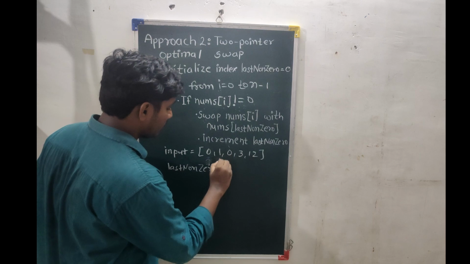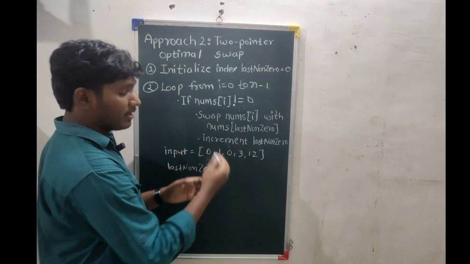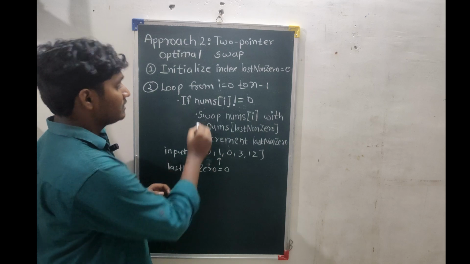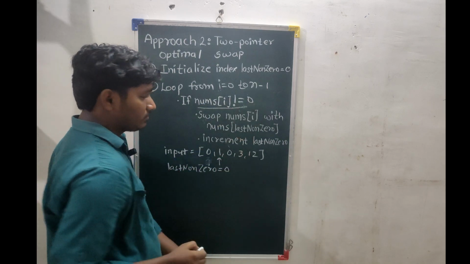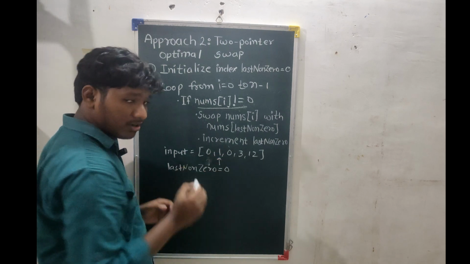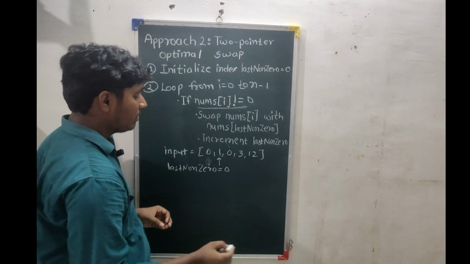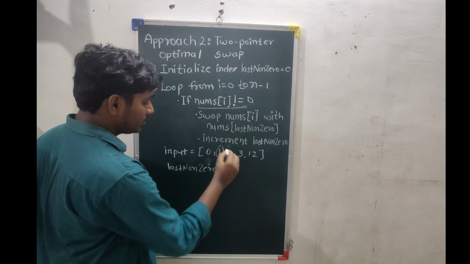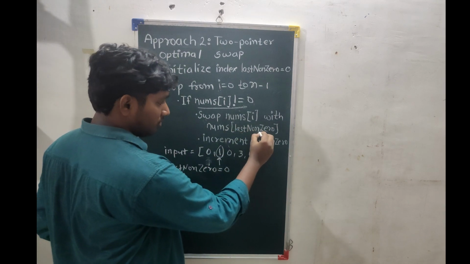Next we increment i, and after incrementing i we again check whether nums of i is equal to 0 or not, and here it is not equal to 0, that means a non-zero element. So we are going to swap nums of i, that means this, and nums of last non-zero index.